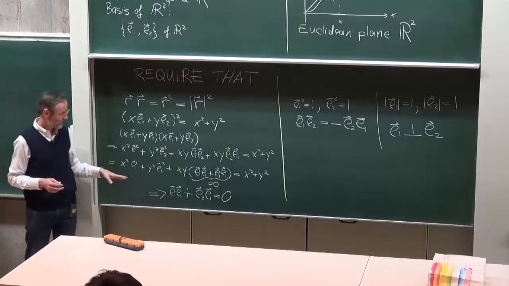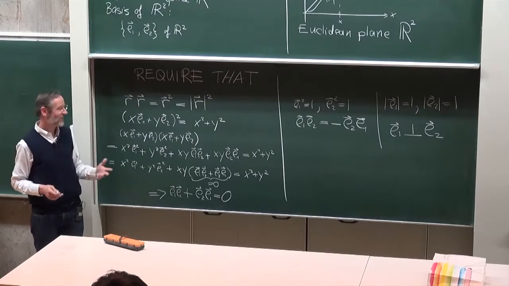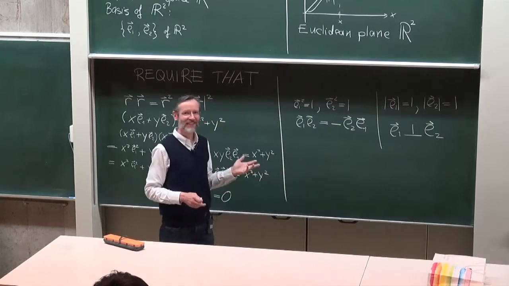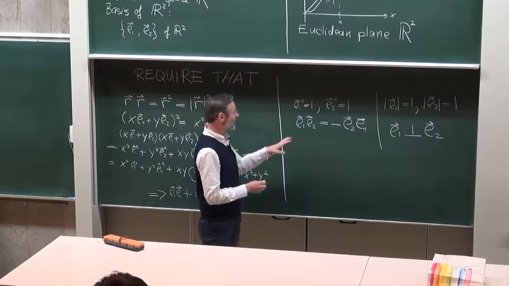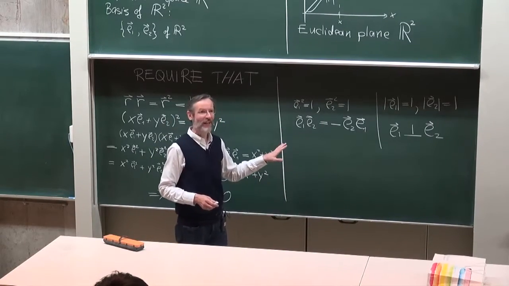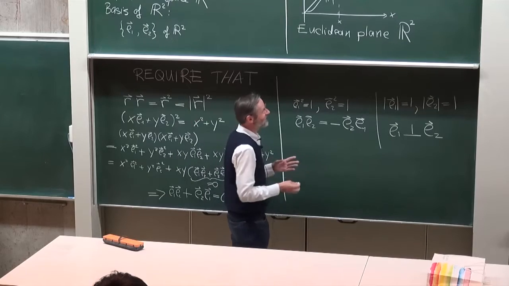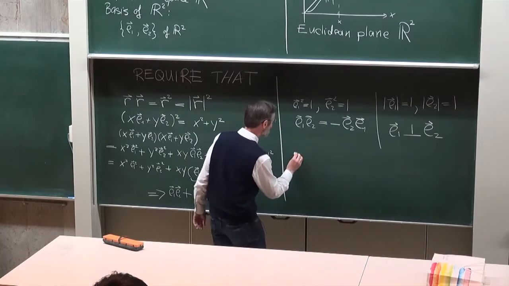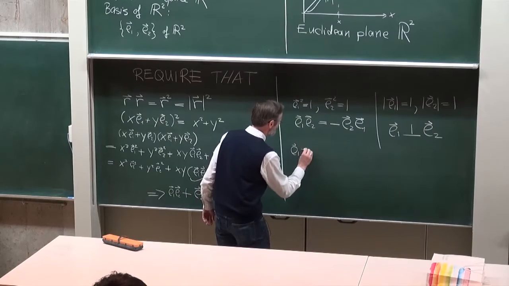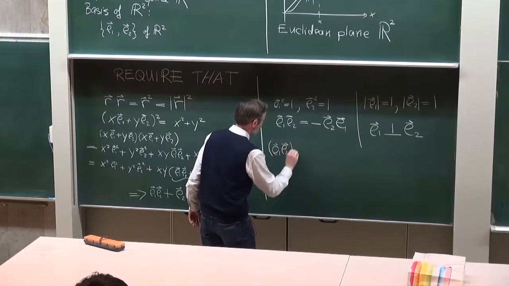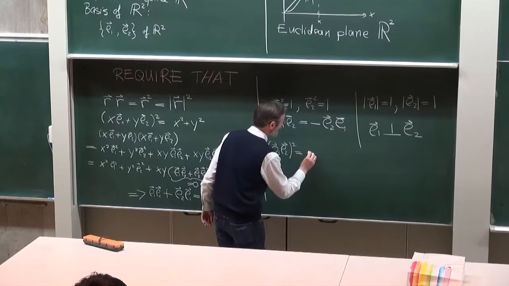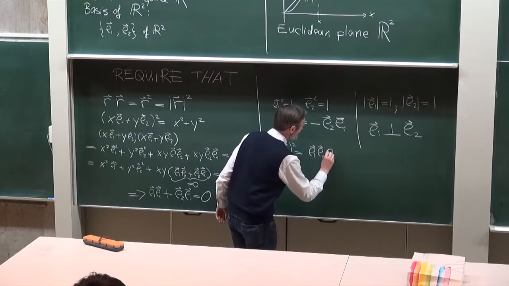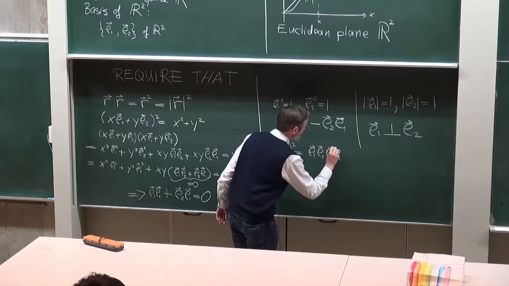Yeah. We have this new thing. It's E1 times E2 in the new product. And we can also compute its square using this associativity. So let me do that. E1 E2 squared is E1 E2 times E1 E2.